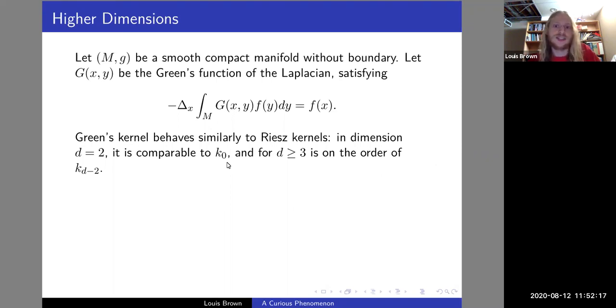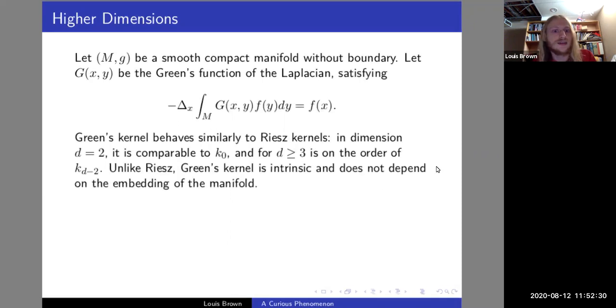And for dimension at least 3, it's going to be on the order of k sub d minus 2. So that's the distance to the 2 minus d, which is sort of the best Riesz kernel in dimension d. But unlike Riesz, Green's kernel is intrinsic, and it doesn't depend on the embedding of the manifold. So it's an intrinsic property the manifold holds.